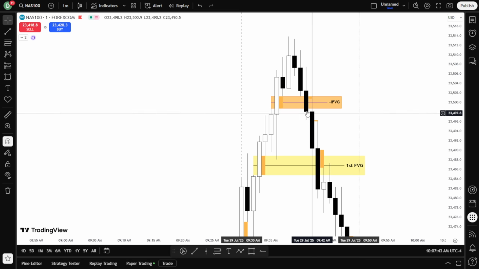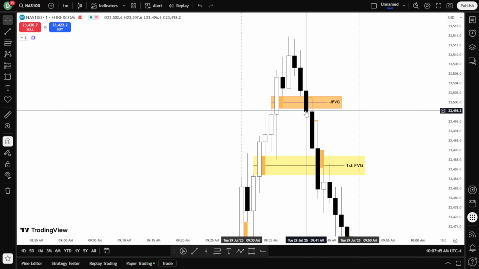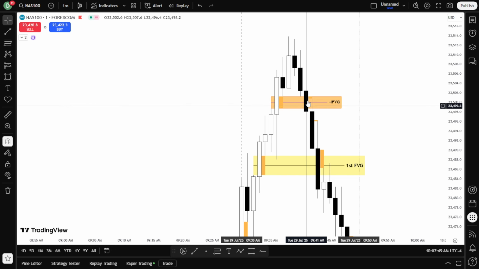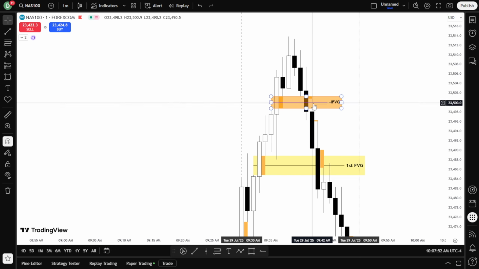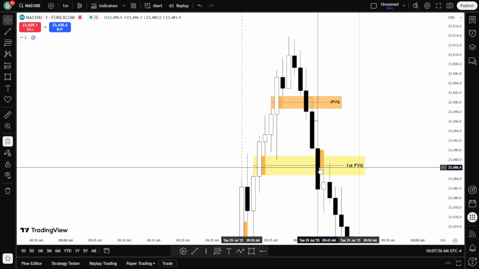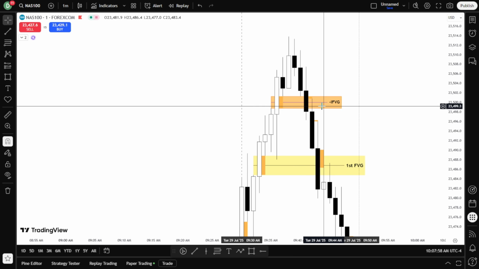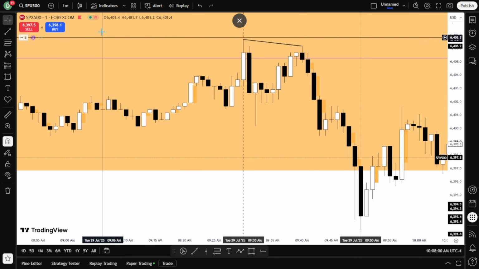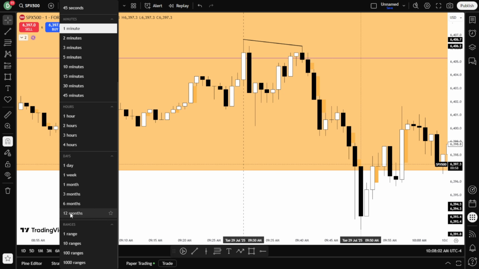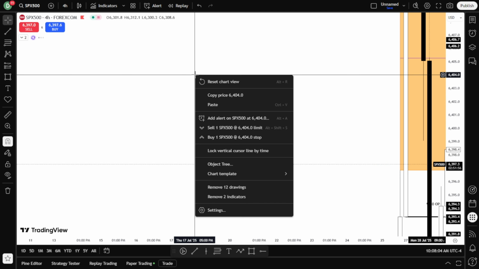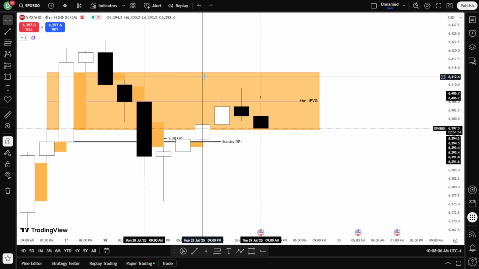It broke it and closed lower. It completely collapsed. So now I am thinking that this gap would act as resistance to send the price lower, in the same way as I told you on the 4-hour on the S&P.